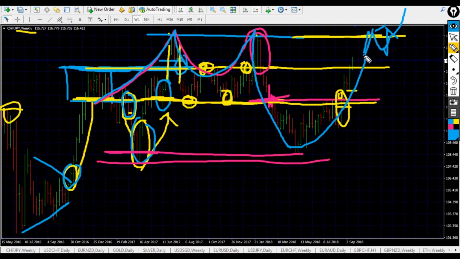But I'm thinking if it manages to go up here, it will consolidate a while and then break through, unless there is crazy fundamental news. If it comes over here with fundamental news support, it has a chance of breaking up higher. So this is kind of how I break down CHF JPY on a naked chart itself.